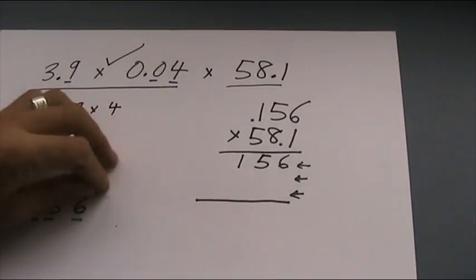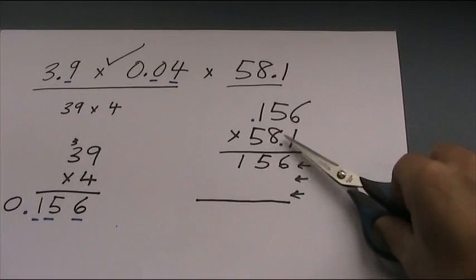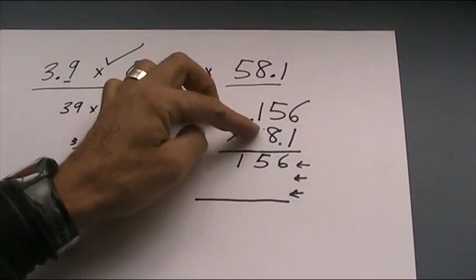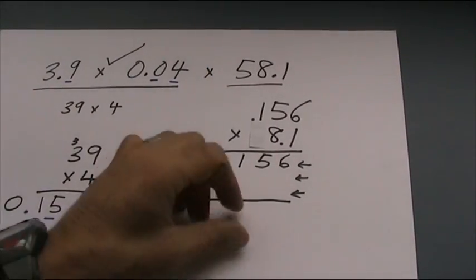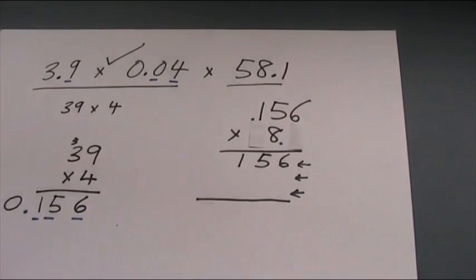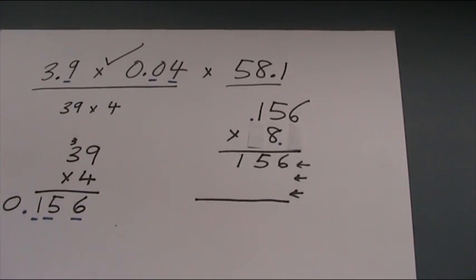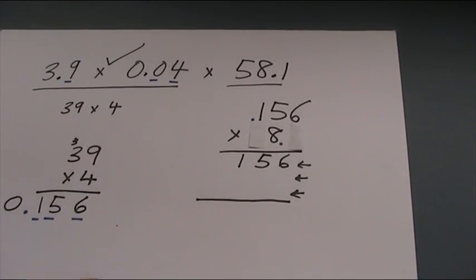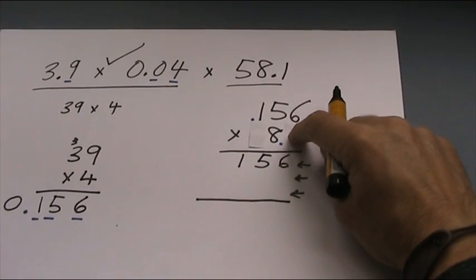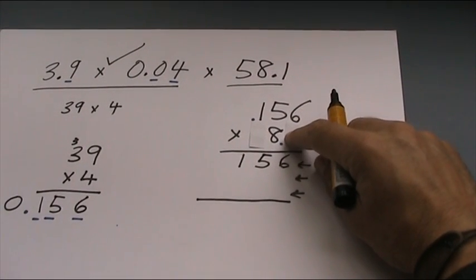We're now going to work on the 8. So I'm going to cover that and that. The question now becomes 8 times 156. Now we've got to put some space holders in here because it's really like saying 80.